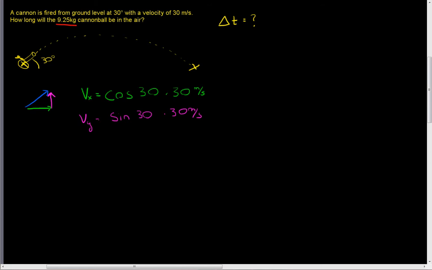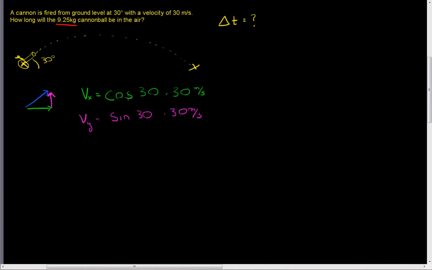Okay. So, now that we have our velocity components, we know that in the x direction, from a couple videos ago, I said that the x direction can be neglected to finding the value, since the acceleration in the x component is constant.